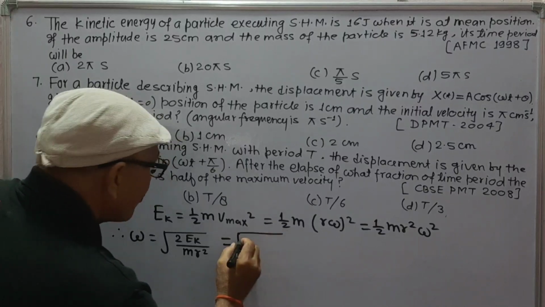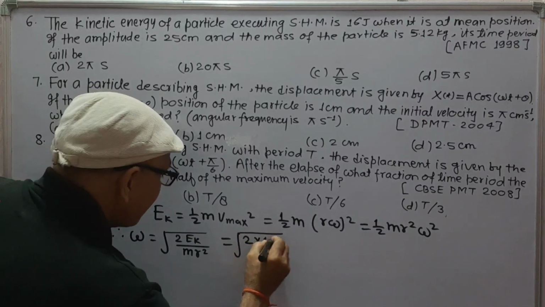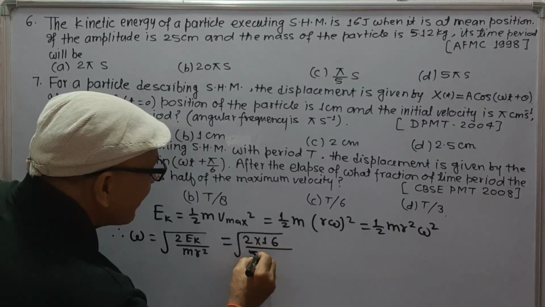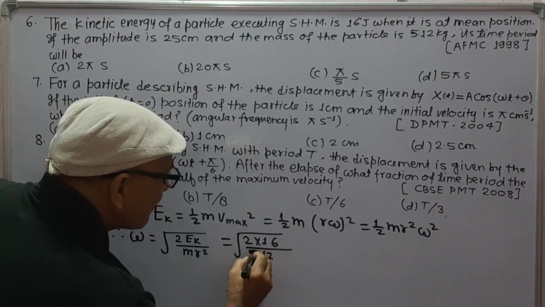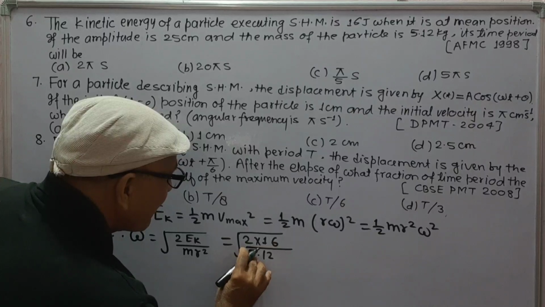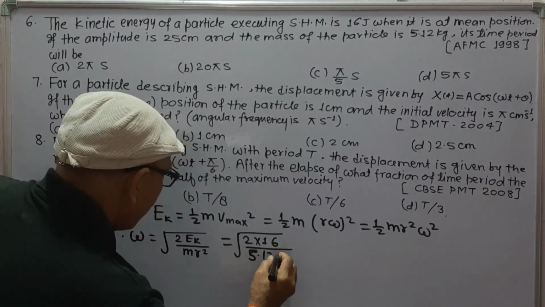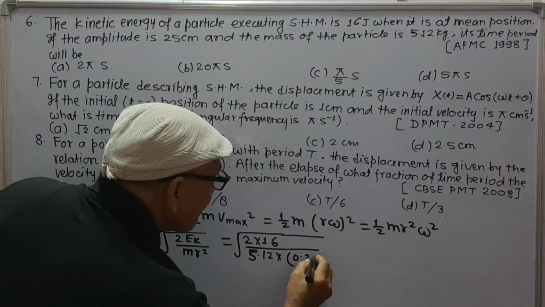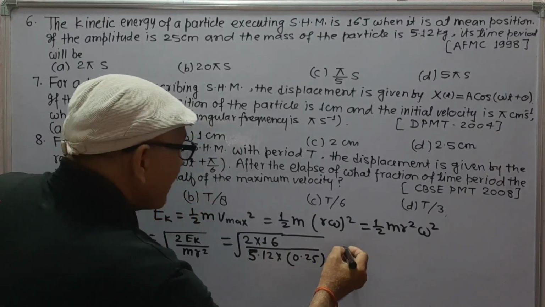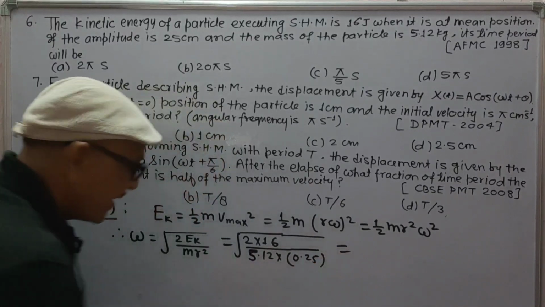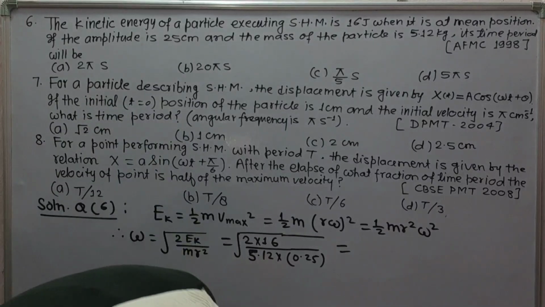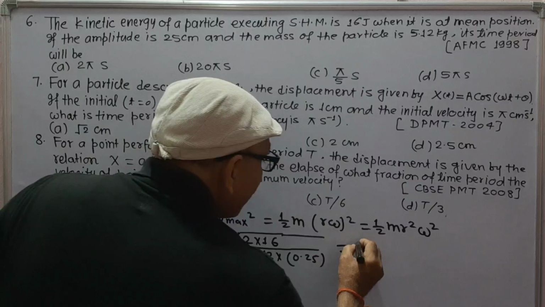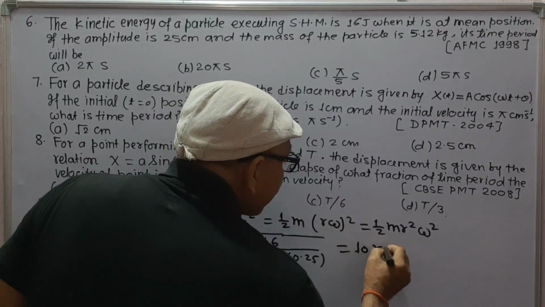This is under root 2, Ek is 16, m is 5.12, and r is 0.25. So, we get omega as 10 radian per second.